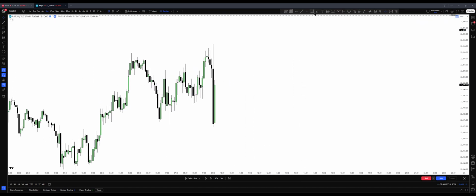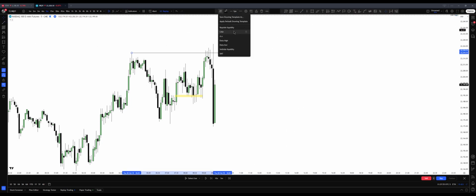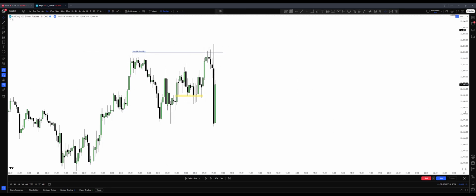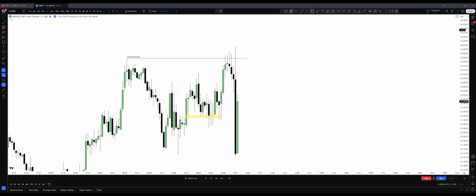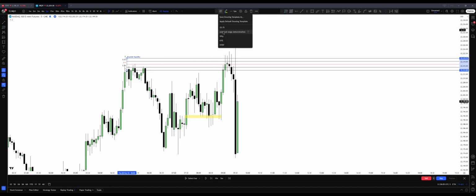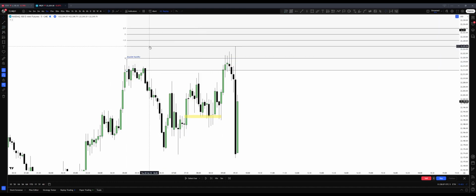Look at this, my friend. What is this? This is a fair value gap. What is this? This is a buy side liquidity that was taken out. I'm going to show you one gem, one time. Look at that level right here.